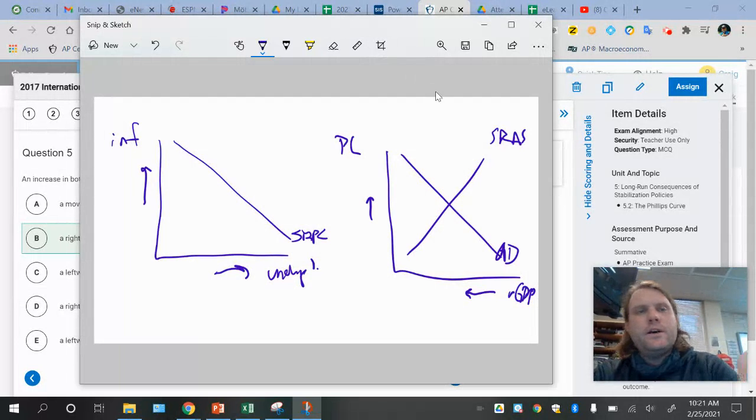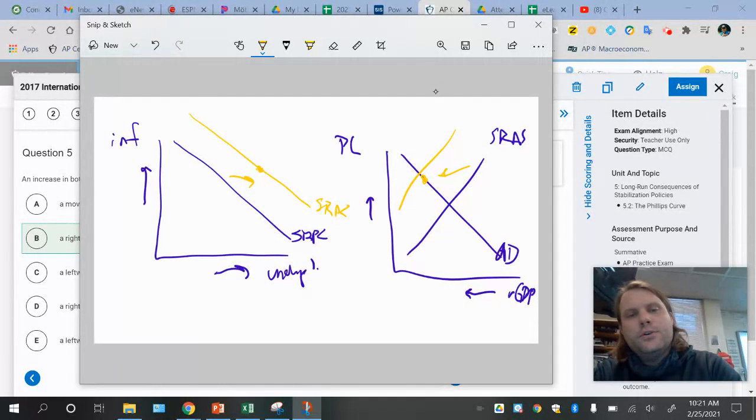Okay, so how do we get an increase in each of these particular graphs? Well, we've got to get to a dot right here, or we've got to get to a dot right here. We can decrease our aggregate supply to get there, or we can shift our short run Phillips curve to the right.